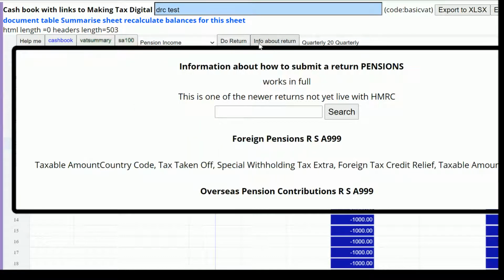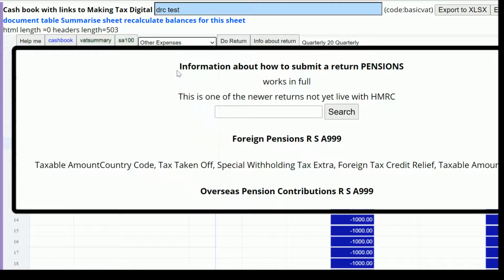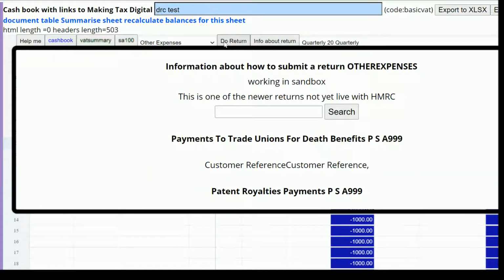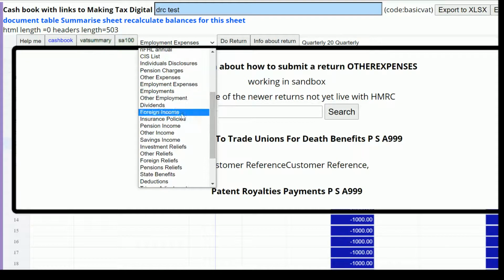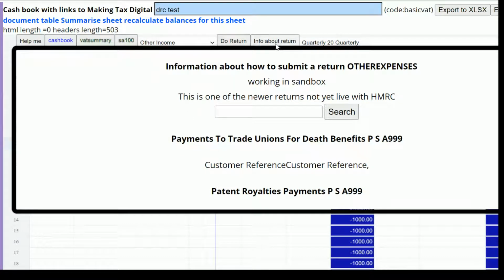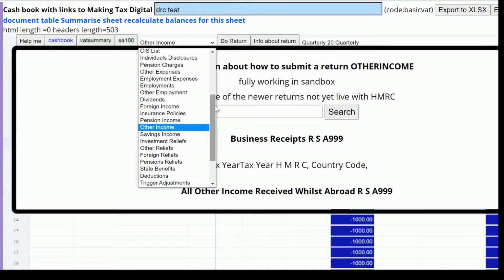Pension income, not the state pension. Other expenses. Actually, we've got other income rather. Business receipts, that's for partners.